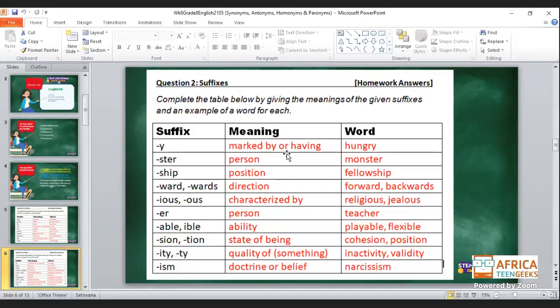Then the meanings of those suffixes were also given, right? And also examples of the words which have those suffixes. I will also leave this just for a few seconds for you to take a screenshot, to see if you did well or not.